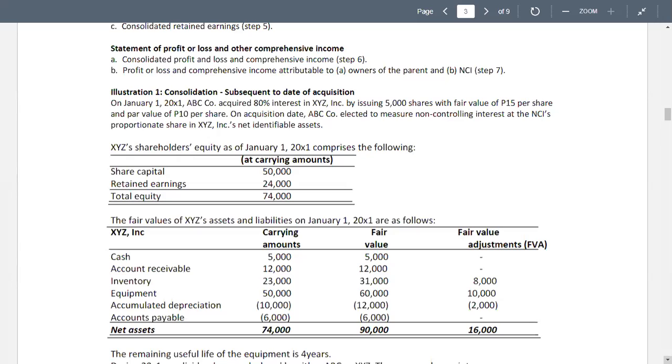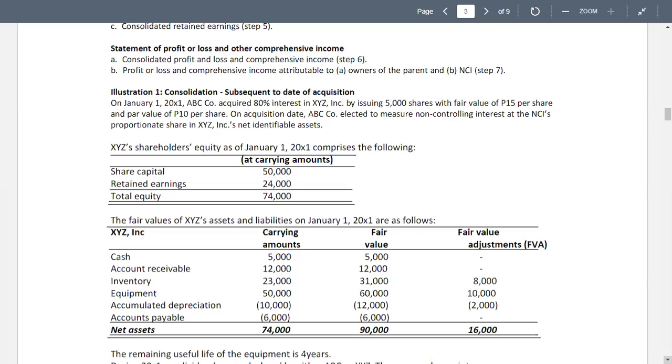In other words, there is an adjustment to the accumulated depreciation from 10,000 to 12,000. So there's an increase under the fair value adjustments in the amount of 2,000. Then accounts payable the same.